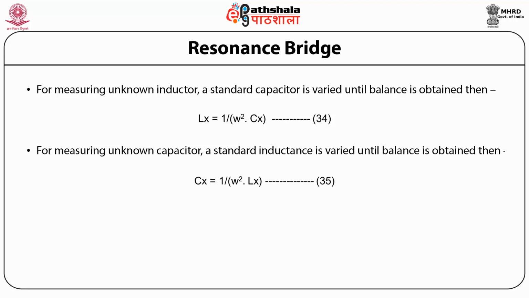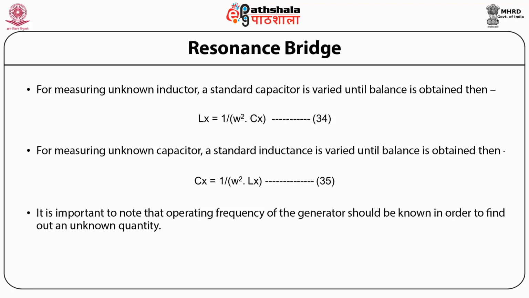For measuring an unknown capacitor, a standard inductance is varied until balance is obtained. Then Cx = 1/(ω²Lx). This is equation 35. It is important to note that the operating frequency of the generator should be known in order to find an unknown quantity.